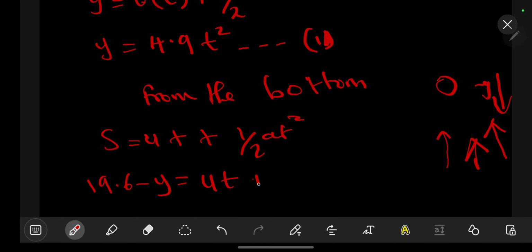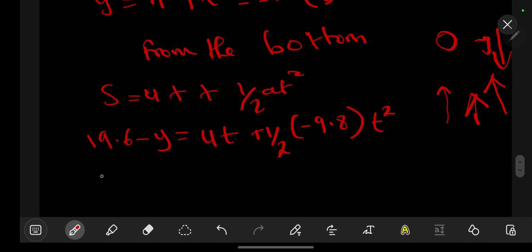So we are going to say plus half, then gravity takes negative 9.8, that's our acceleration for free fall, then our time squared. So we have 19.6 minus Y equal to UT. Half times negative 9.8 gives us negative 4.9, then we have t squared. So this is what we have.